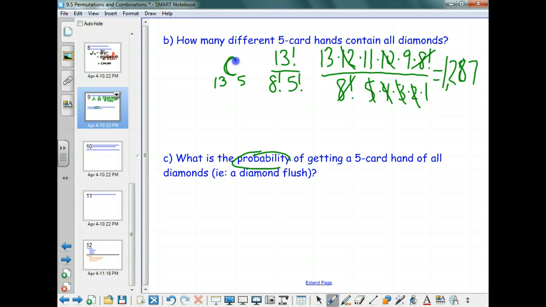There you go. Part B was the number of ways of getting a hand of all diamonds, right? The 1287. Part A was the number of ways of getting any kind of hand. So we do the answer from part B, that's your 1287, over your answer from part A, which was 60.